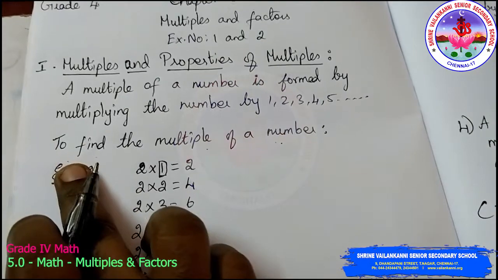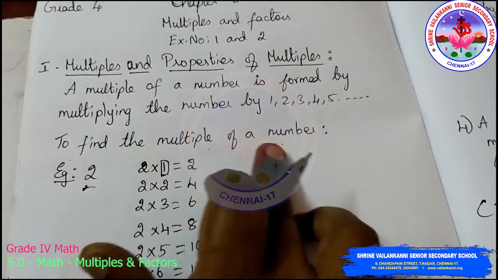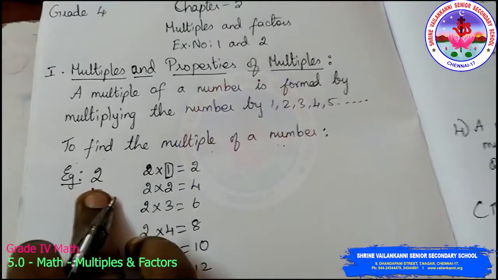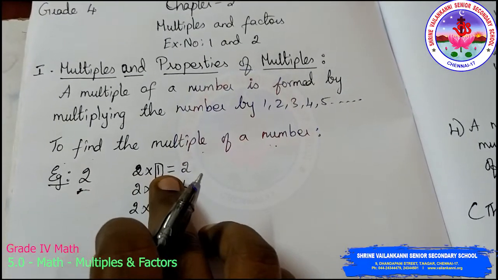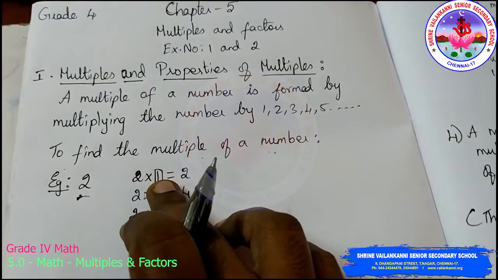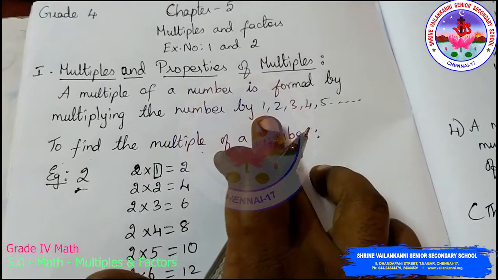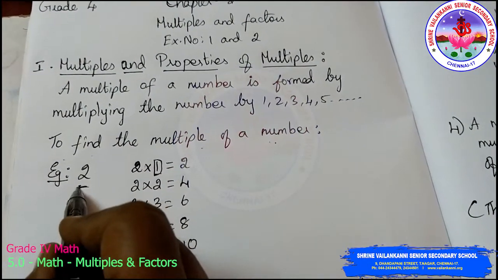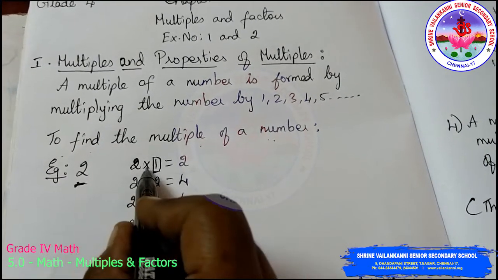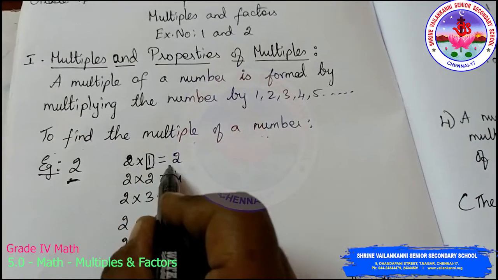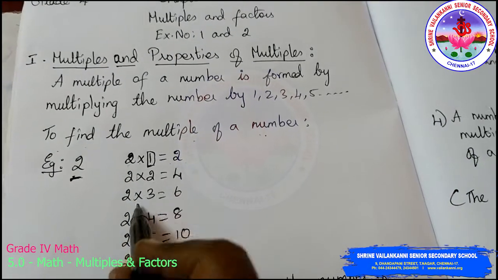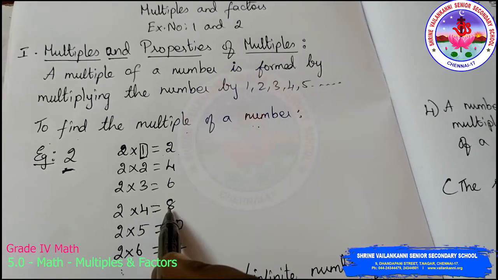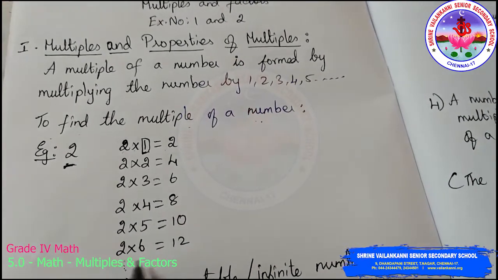Now I am going to show you how to find the multiples of a number. I am taking the example number 2. To find the multiples of a number, you have to multiply it with 1, 2, 3, 4, 5 and so on. So 2 has to be multiplied with 1: 2 into 1 gives 2. 2 ones are 2, 2 twos are 4, 2 threes are 6, 2 fours are 8, 2 fives are 10, 2 sixes are 12.